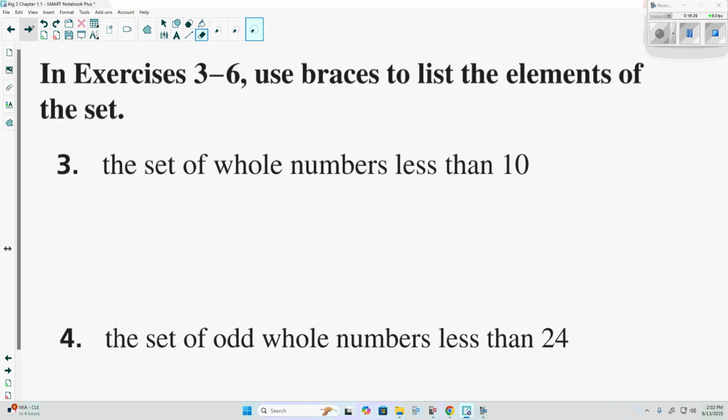It would take forever. Wouldn't literally take forever, but it would take quite a while to do it. It's not feasible to actually write it out. So there are ways, especially with numbers, we have set builder notation to do it where we don't have to list it out, and especially where there's not a set pattern where we can repeat. So that's where set builder notation is going to be nice.